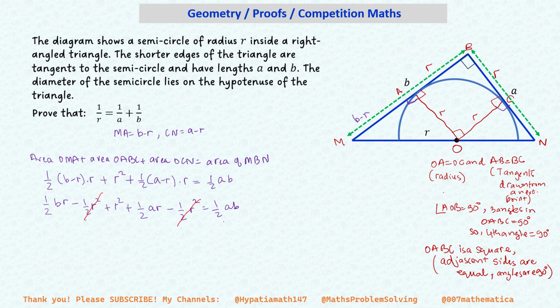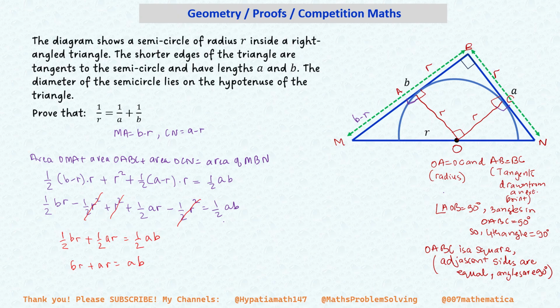So r squared minus r squared is 0, so we cancel those out. So we are left with half br plus half ar is equal to half ab. So we cancel the halves out. So we have br plus ar equals ab.